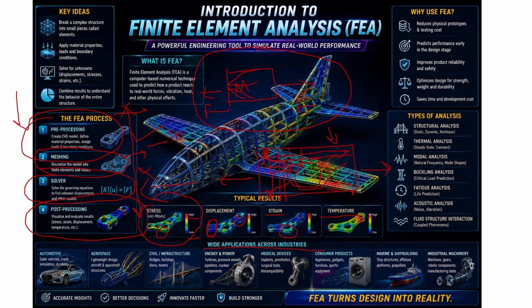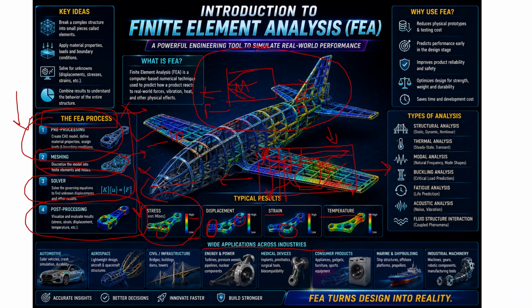That's why we need to go step by step and check each and every step accurately and thoroughly, whether we are creating the CAD model and pre-processing, and defining the boundary condition or material condition properly. These steps can be divided into four types. So this is the basic introduction of the FEA.